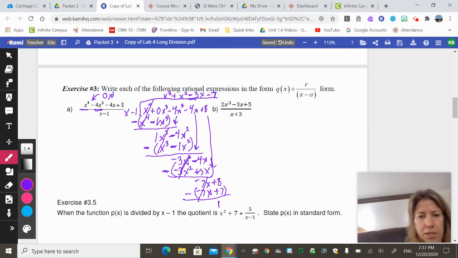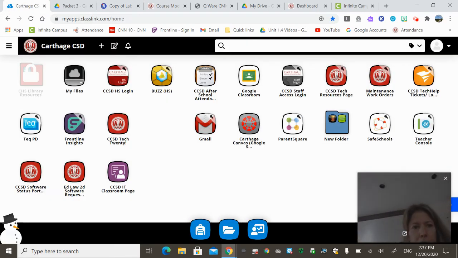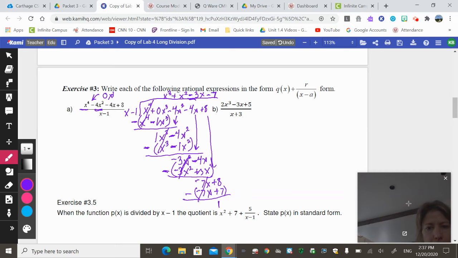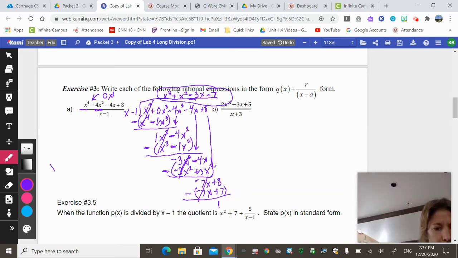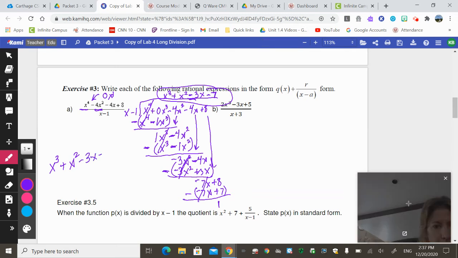In this case, I'm going to write it in quotient remainder form. So my answer is going to be x cubed plus x squared minus 3x minus 7 plus, it's a positive one, so we can say plus. If the remainder were negative, I could have put a negative sign there.